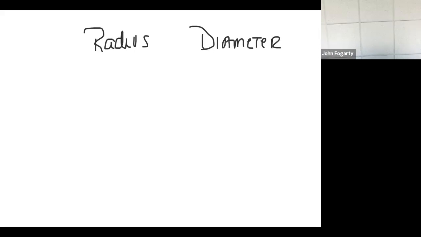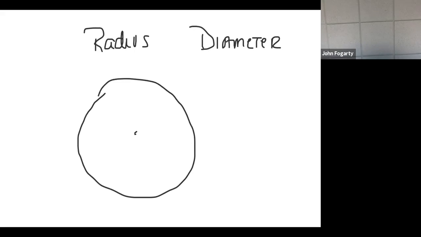If I have circle A, and we always name the circle after the center, right? If I draw this line segment right here, I would call that a radius. Why is it a radius? Because the definition of a radius is a line segment whose 2 endpoints are a point that's the center and a point on the circle.